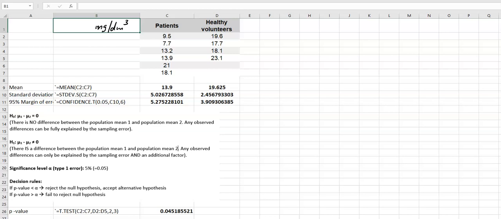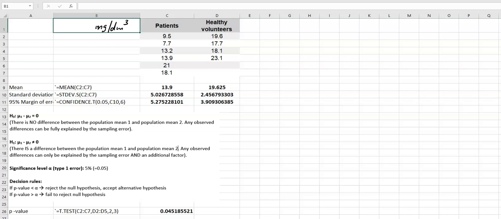volunteers, and we want to figure out whether the biomarker is potentially a good indicator for the presence of the disease. So our question would be, do patients from this disease have a different concentration of the biomarker than, for example, healthy volunteers?